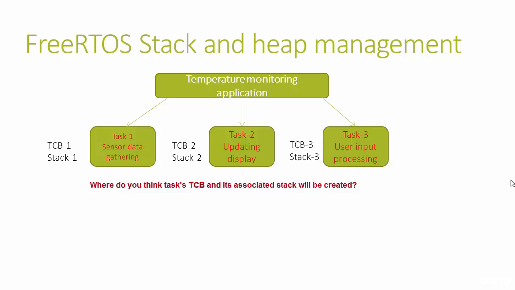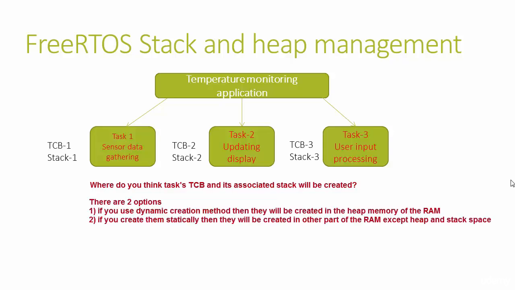If you create them dynamically, then they are created in heap memory. Otherwise, you can allocate memory for them statically, so then they will be created in other RAM regions where your global variables and arrays are being stored. Usually we create a task or any other kernel objects of FreeRTOS dynamically.